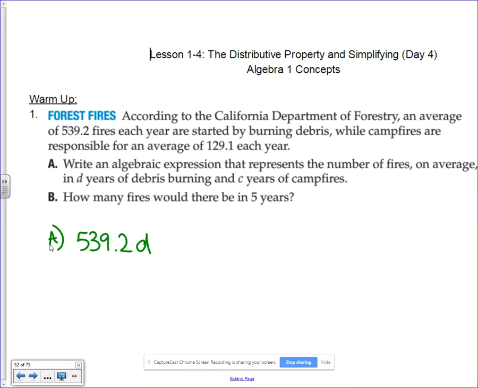Perfect. Wonderful. D is for debris and C is for campfires, right? Okay. How many fires would there be in 5 years? So if I know that we're going to calculate this for 5 years, what should I do?